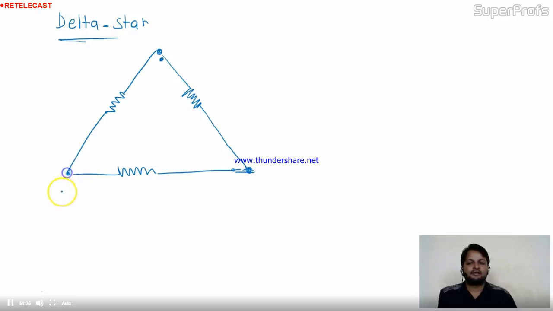This is the delta circuit, points A, B and C. Here this one is RA, this RB, this RC. And my task is to convert this delta combination into star.